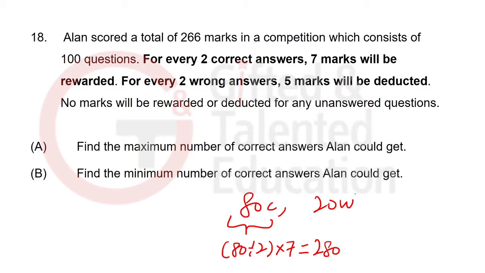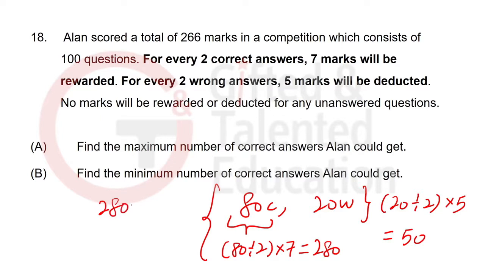And for the 20 questions answered wrongly, the marks deducted would have been this, which gives us 50. So his total score would have been 280 minus 50, giving us 230. With that in mind, let us proceed to solve the problem.